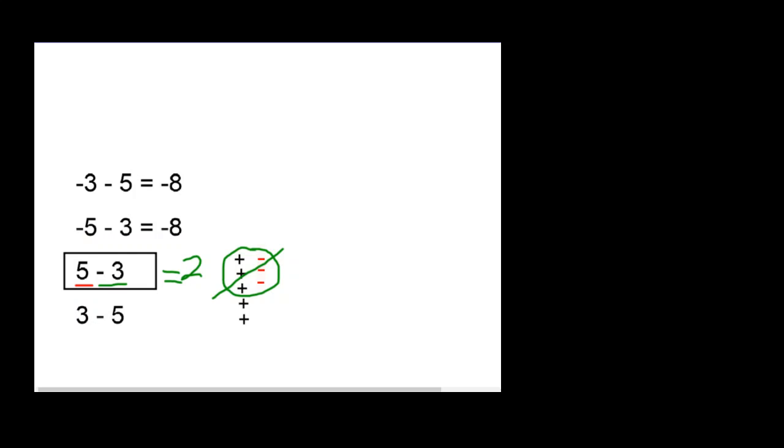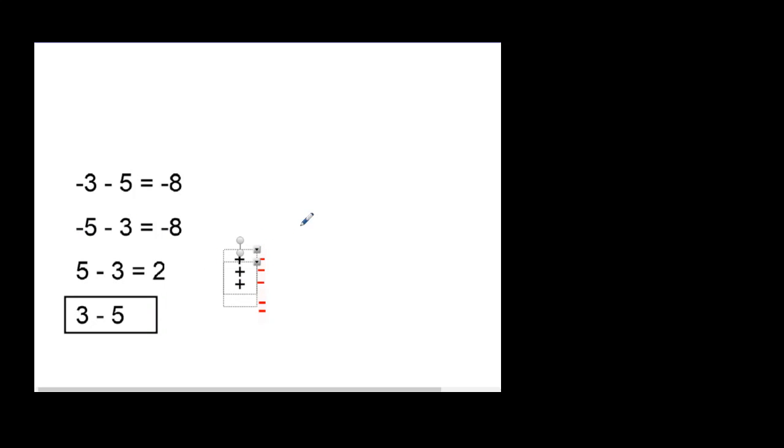And in our last example here, if I combine a +3 with a -5, my 3 positives are going to cancel out 3 of my negatives, and that's going to leave me with 2 negatives left over. So +3 and -5 combine to -2.